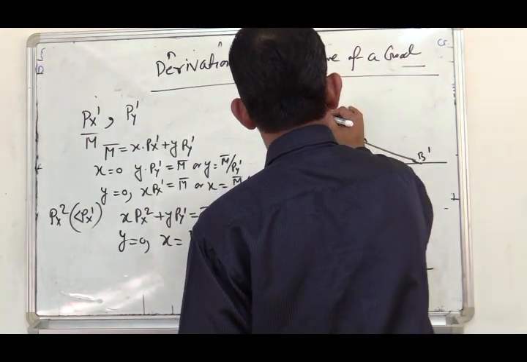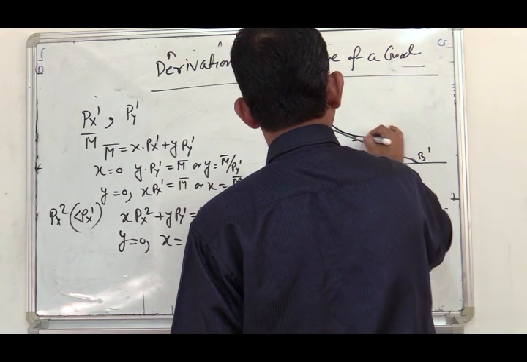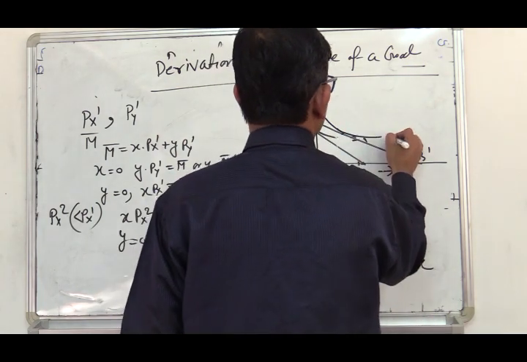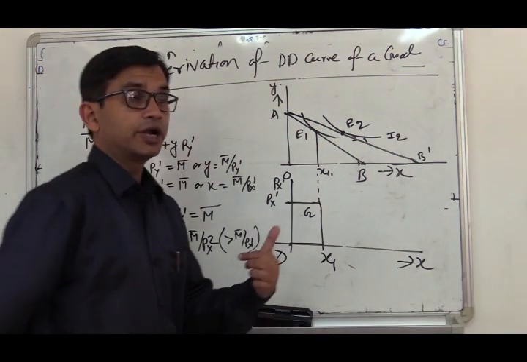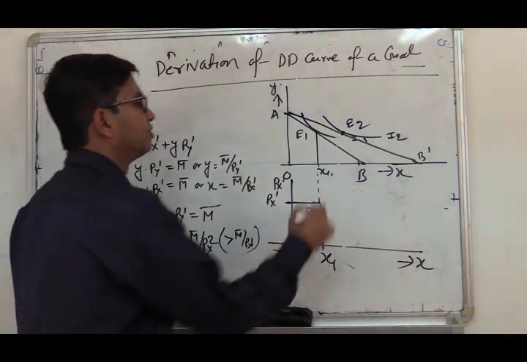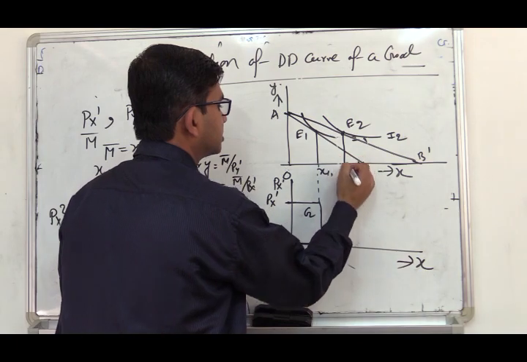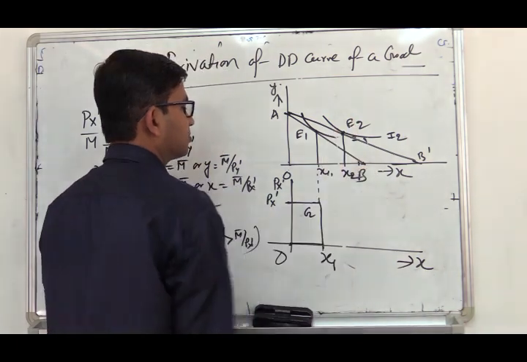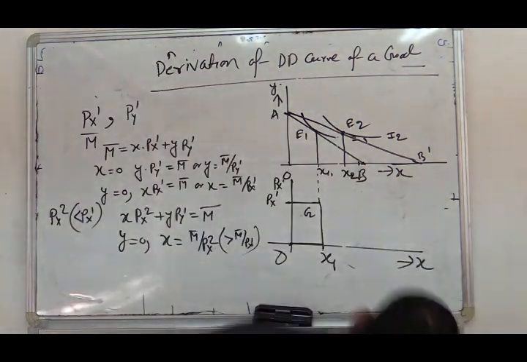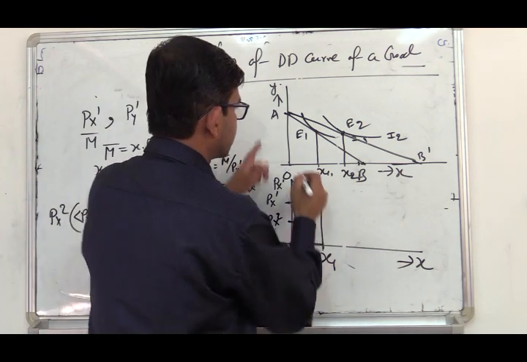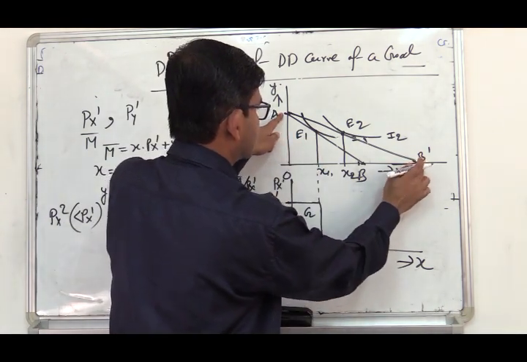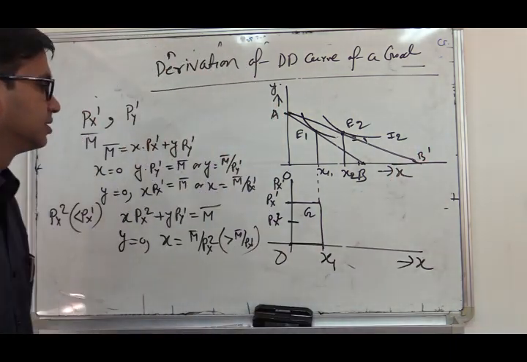And there will be a new consumer's equilibrium on the higher indifference curve I2. The equilibrium point is E2. So this is the equilibrium consumption of X, OX2, and we plot the lower price PX2 here, which is implicitly given in this budget line AB dash.